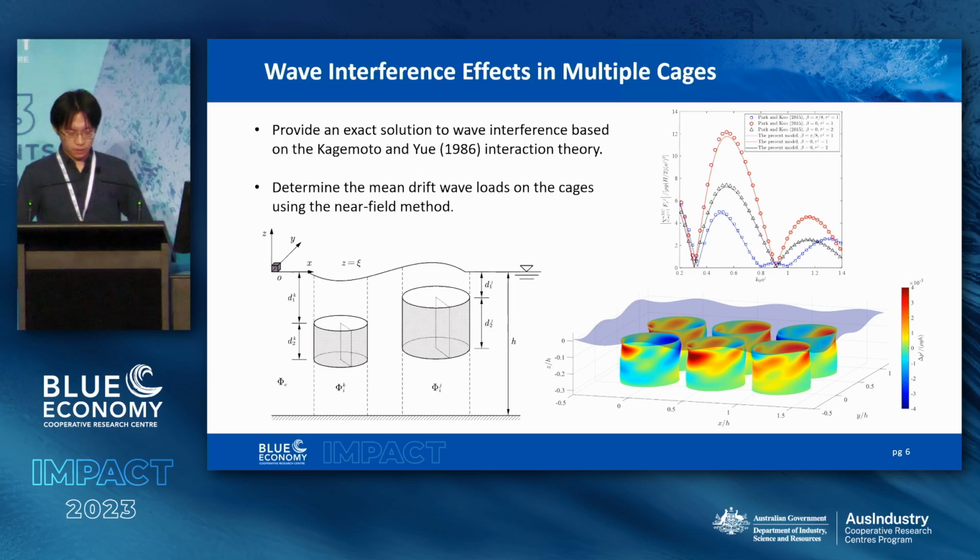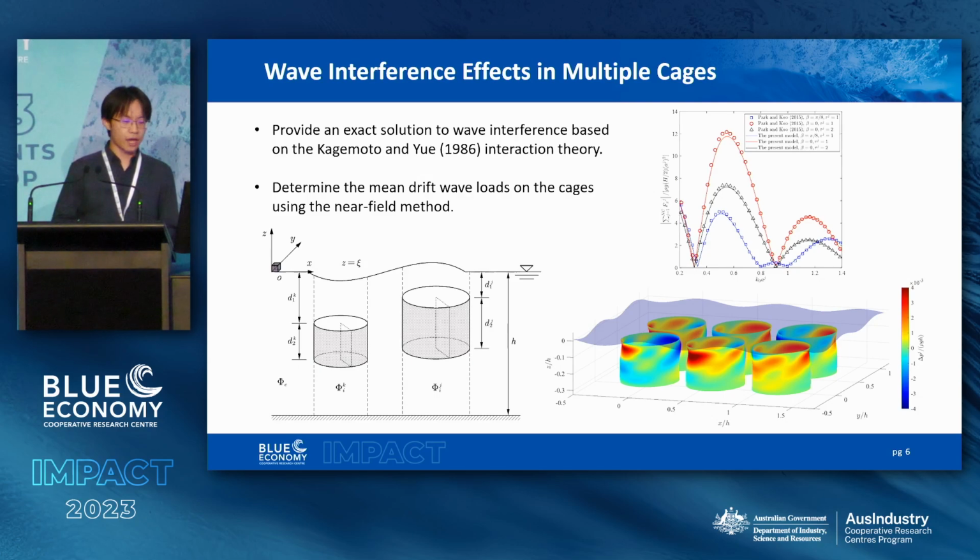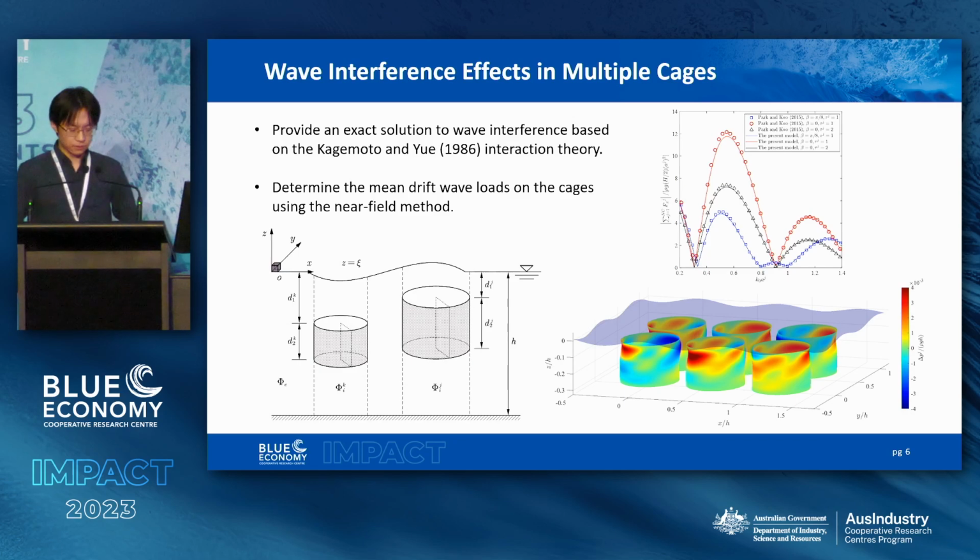On the other hand, we aim to investigate the hydroelastic behavior of an array of fish cages with arbitrary layouts. But the wave interference phenomenon caused by the interaction of multiple cages is very complex.